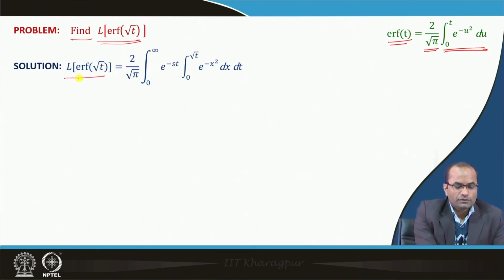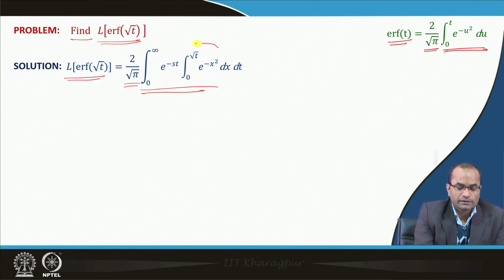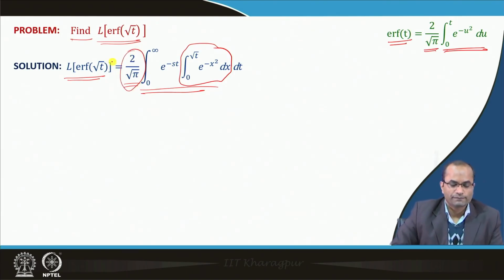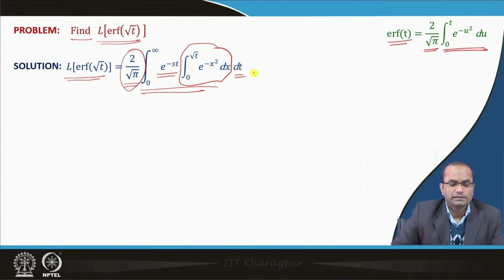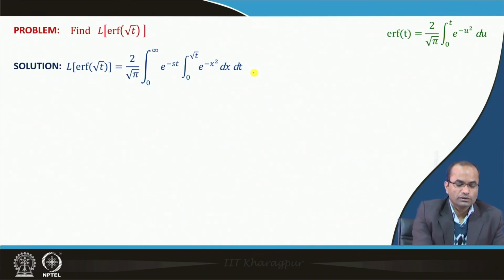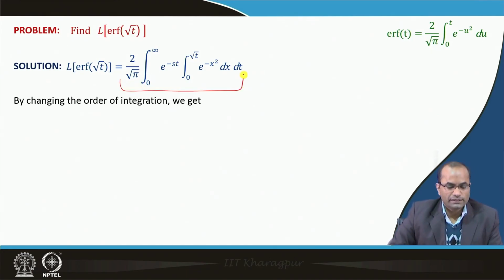So, the Laplace transform of error function of square root t is equal to 2 over square root pi and then we have this integration 0 to infinity e power minus st, times the integral 0 to square root t of e power minus x square dx. So, for Laplace we have e power minus st and dt, this integral. So, this is the Laplace of the error function of square root t.